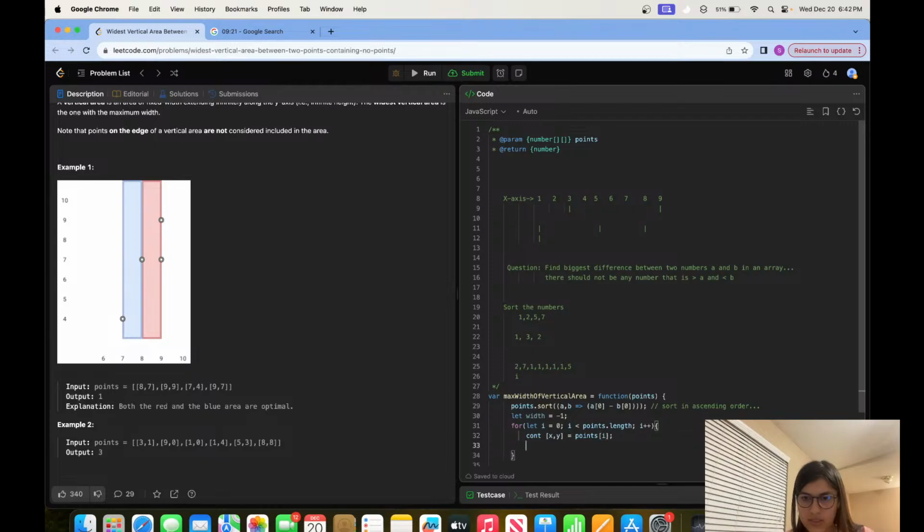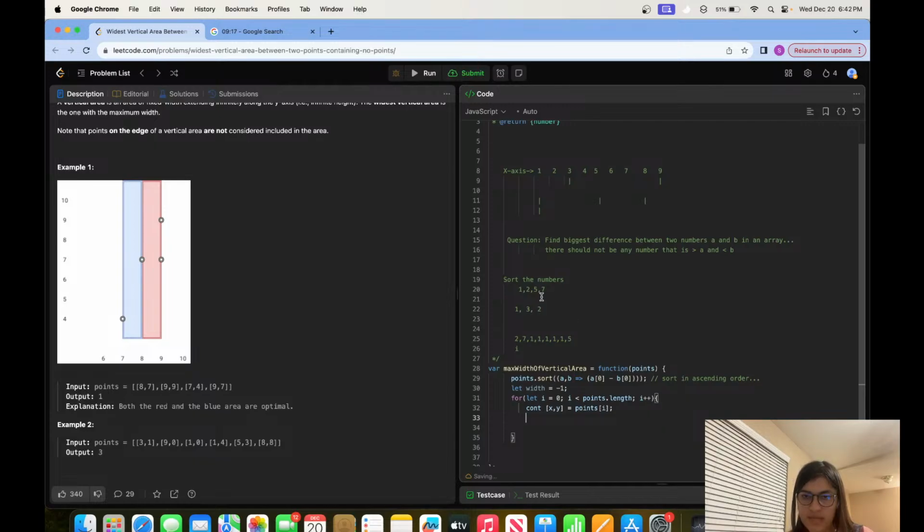So this is my current xy, and I need to do the difference with everything.